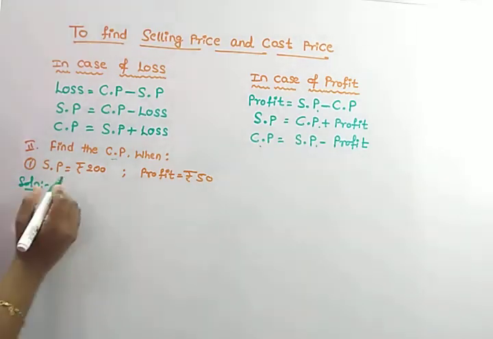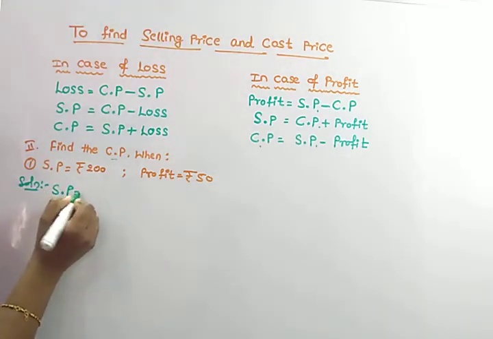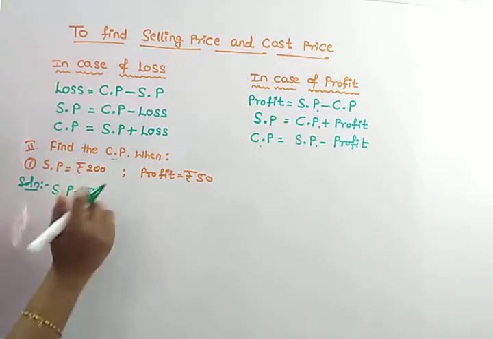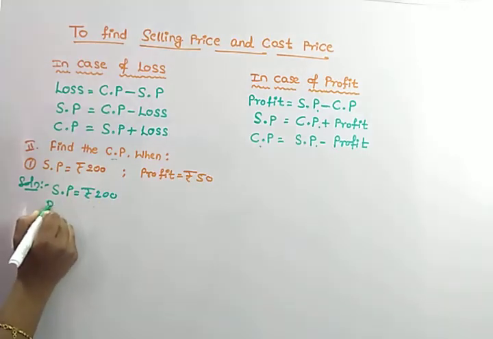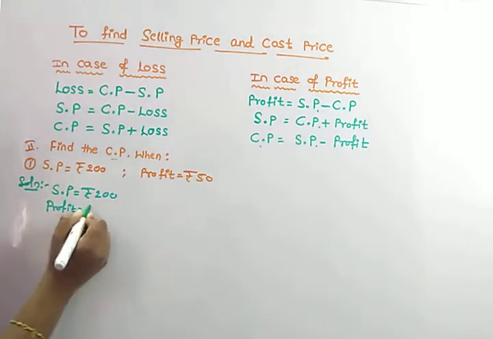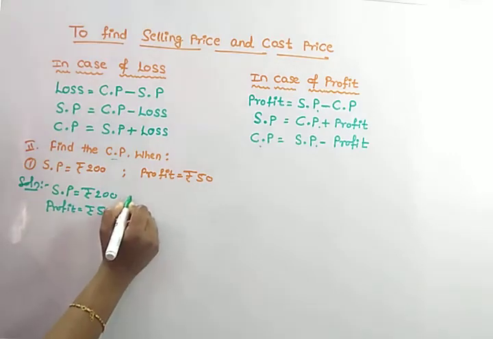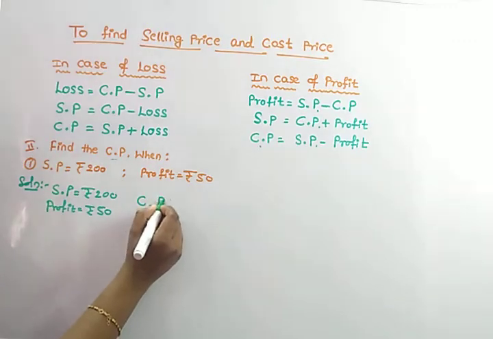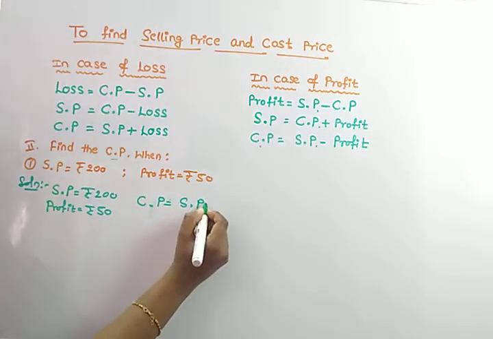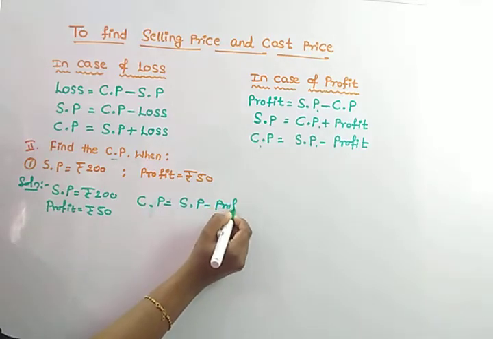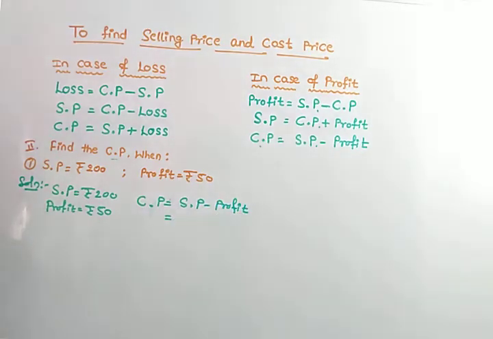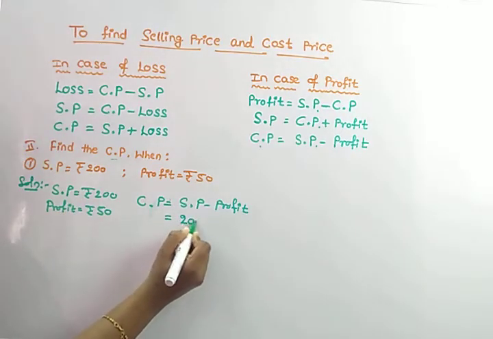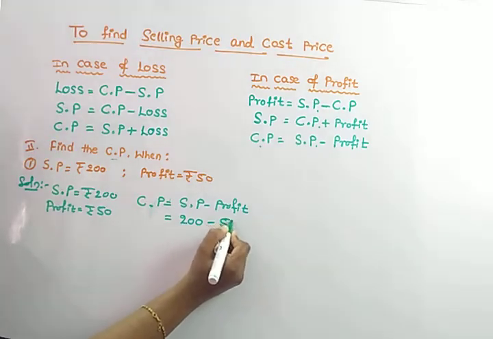Write here the given data: the selling price is 200 and the profit is 50 rupees. Now use the formula: CP is equal to SP minus profit, which is equal to the given SP, the selling price of 200 rupees, minus the profit of 50 rupees.